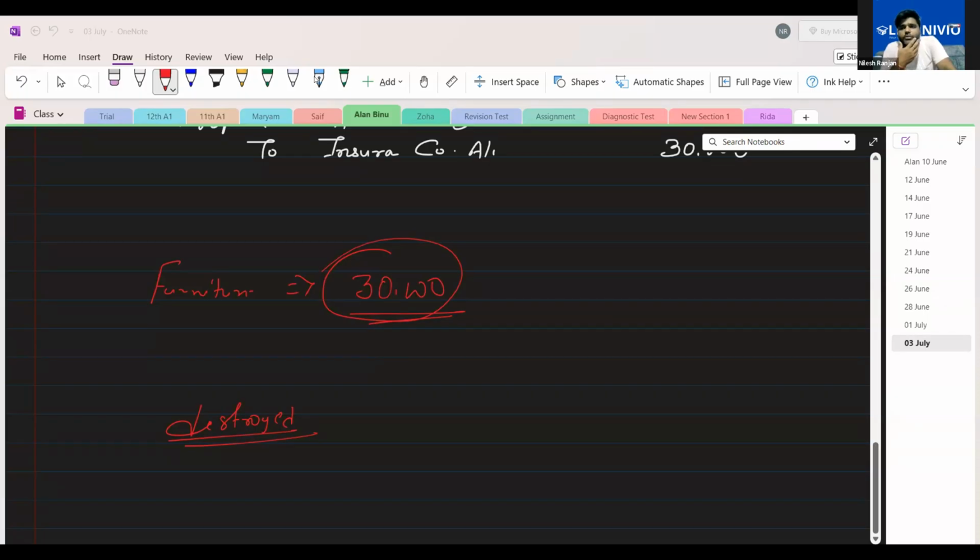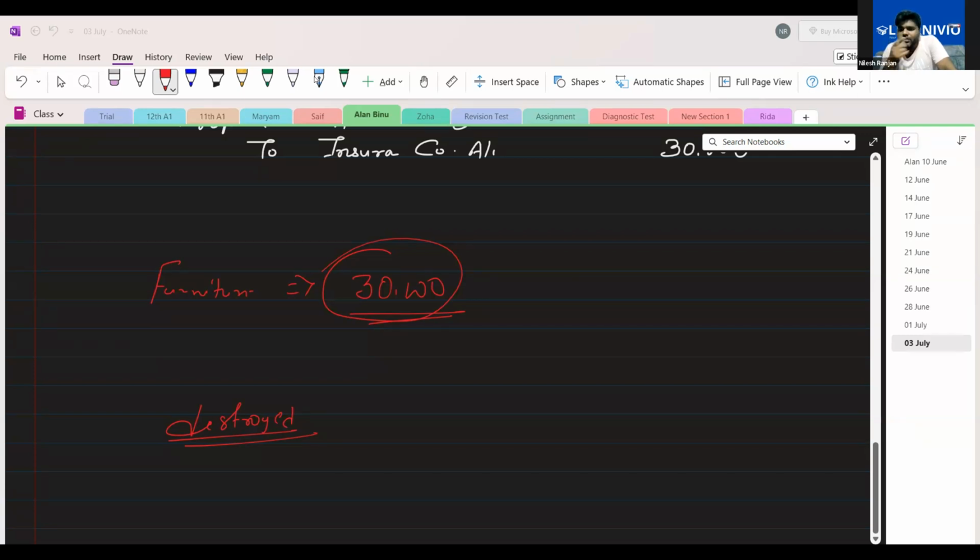If you do not inform the insurance company, will they accept your claim? No. The insurance company never calls their client, like when any accident happens to you. So you have to inform them, and then they will accept your claim or not. So this is the process. You cannot ignore the process.